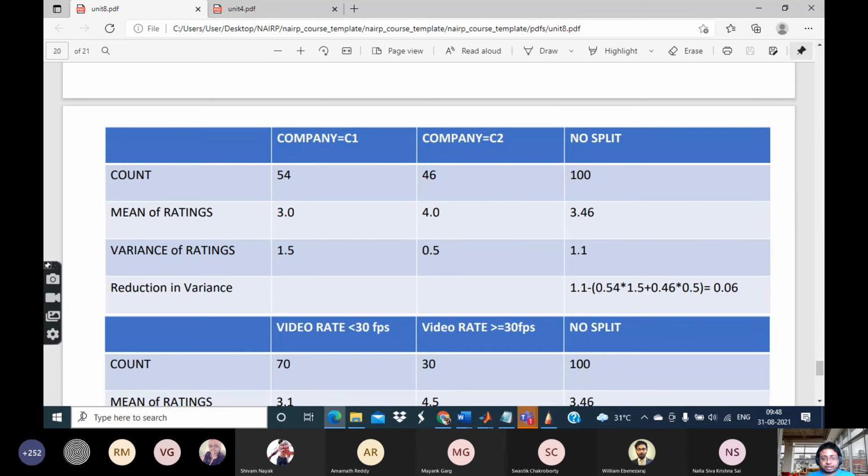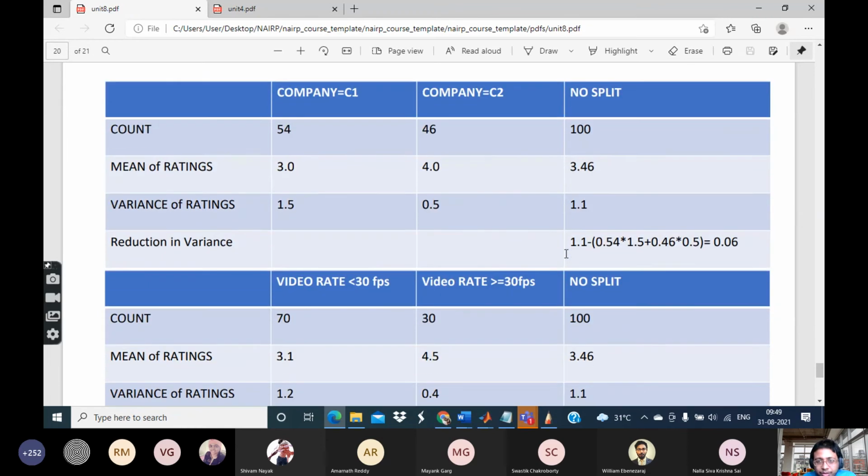In case of regression, this is what we do. At every stage, at every subset, we calculate the mean value of the rating as well as the variance of the rating. And instead of calculating the information gain, what I calculate simply is the reduction in variance.